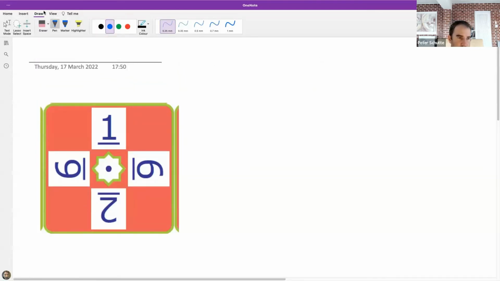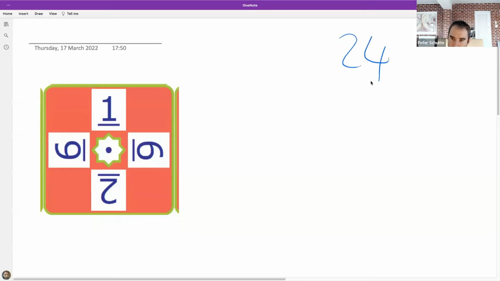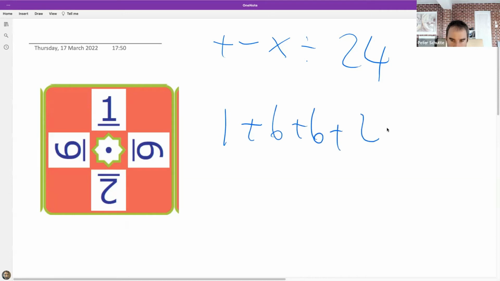But you're only allowed to use each number once, and you're only allowed to use the operations plus, minus, times, and divide. So as an example, this would be wrong. 1 plus 6 plus 6 plus 2 gets me to 15, which is almost 24, but not quite.